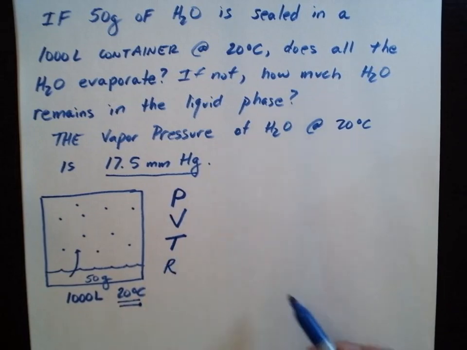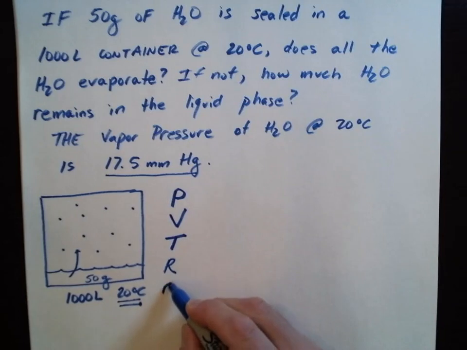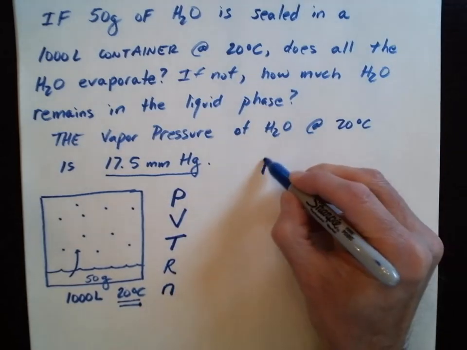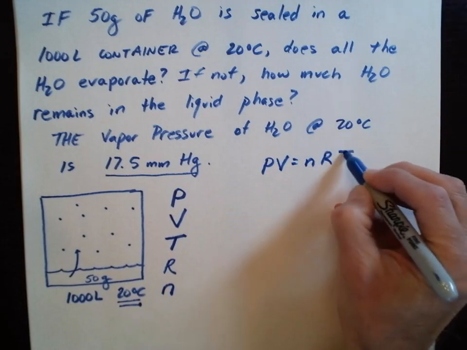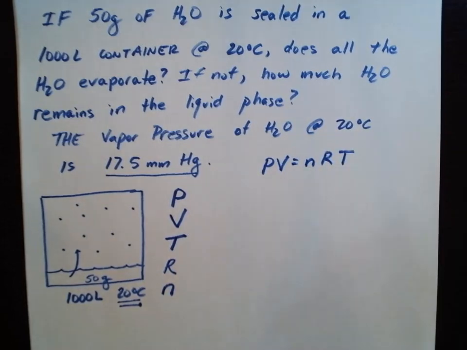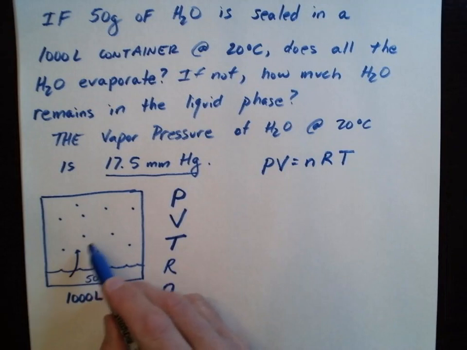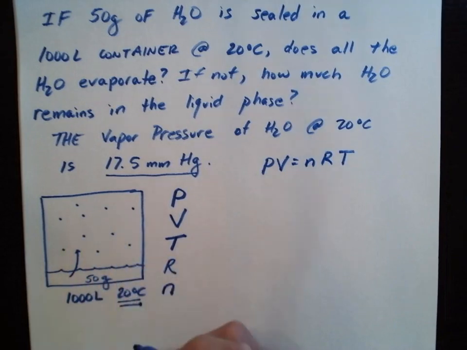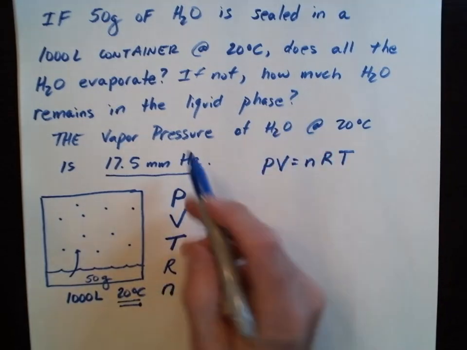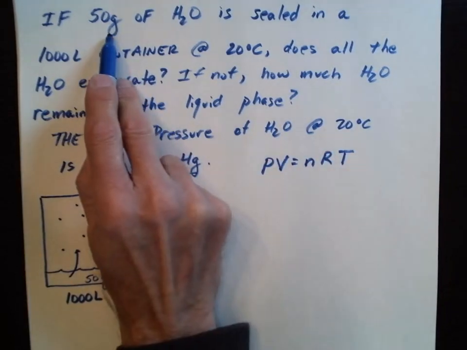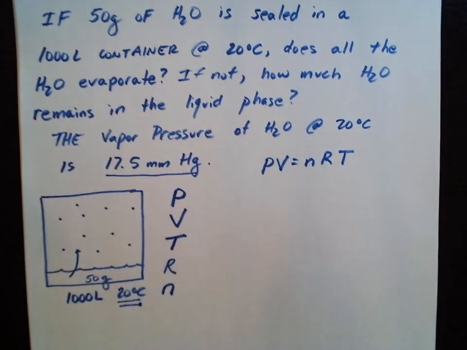If we're thinking of the ideal gas law, the only thing we don't know is how many moles of water are going to evaporate to give us this pressure, which is pretty much what this question's asking, right? Will all 50 grams evaporate, or will it only be a portion of that?